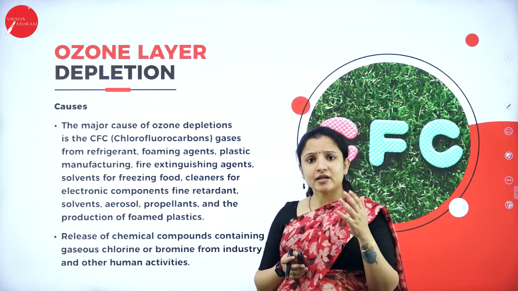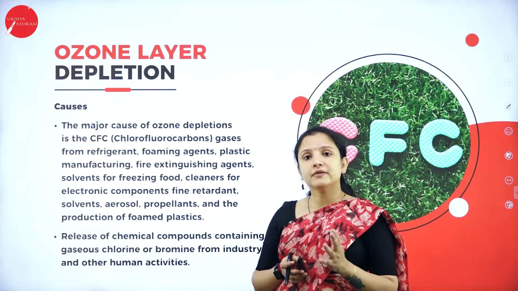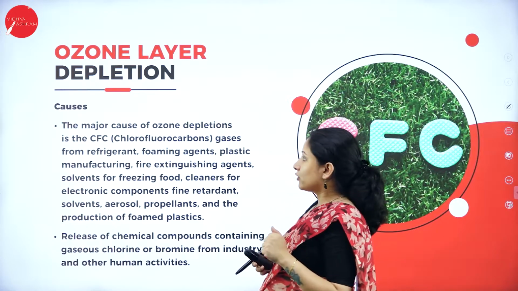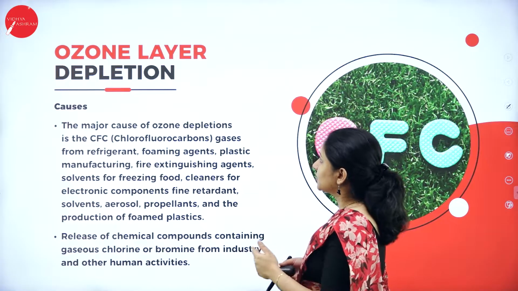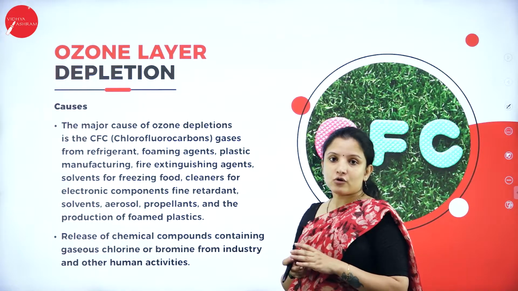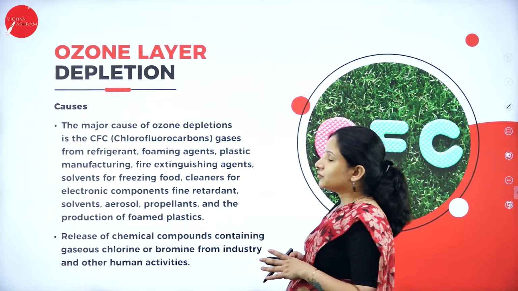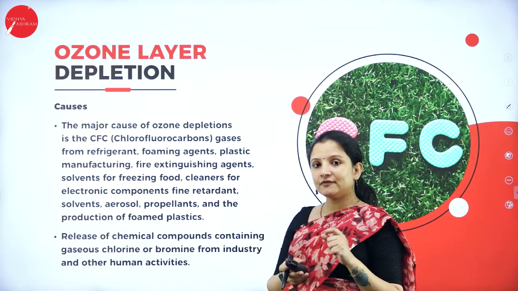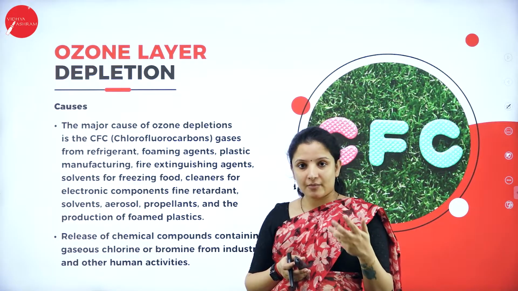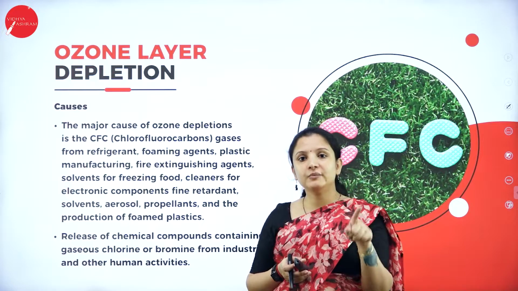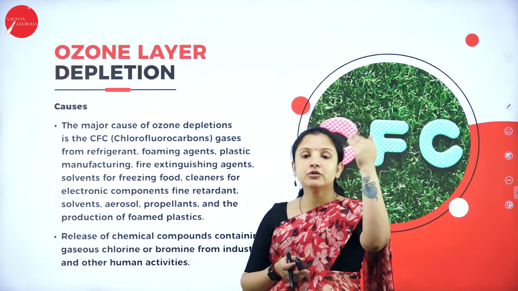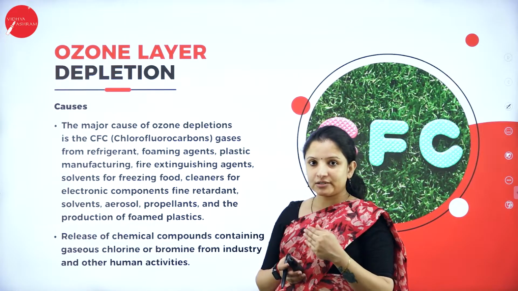Not just that, it can also cause problems to non-living things, such as monuments, buildings, statues, and many other things. So what are the causes of ozone layer depletion? Ozone layer depletion means that because of excessive use of certain chemicals, a hole is created in the ozone layer, and through that hole the UV rays can enter the Earth's atmosphere.